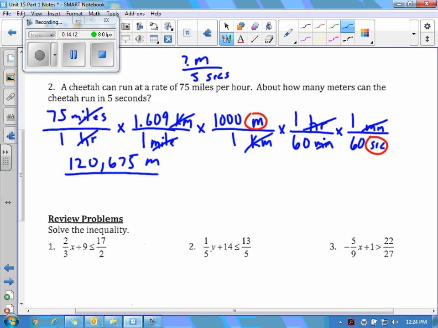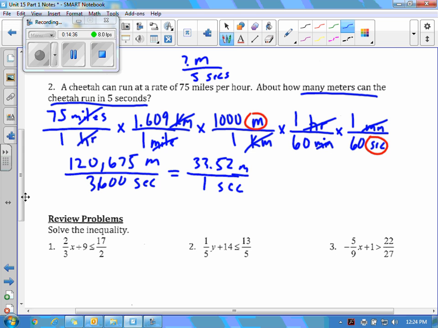On the bottom, I'm just doing 60 times 60, which is 3,600 seconds. Now what we want is how many meters can a cheetah run in 5 seconds. So we're going to start by turning this into a unit rate, meaning we want the denominator to be 1. So we're going to divide both of those by 3,600, and we'll get 33.52 meters per 1 second.